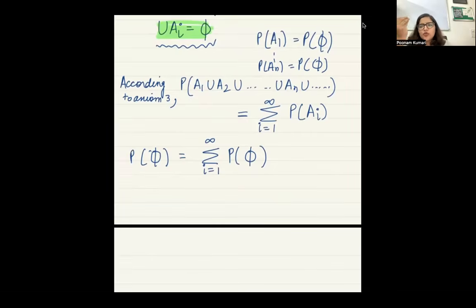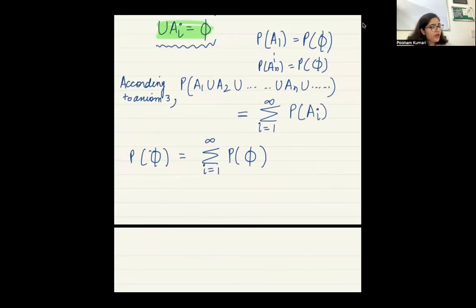Let's say this is something which is not equal to 0. For example, let's prove by contradiction. Let's say the probability of phi is not equal to 0. So that means it has to be something positive, right? Anything which is positive.